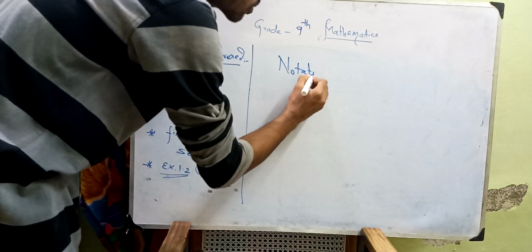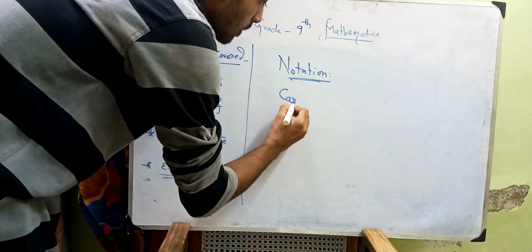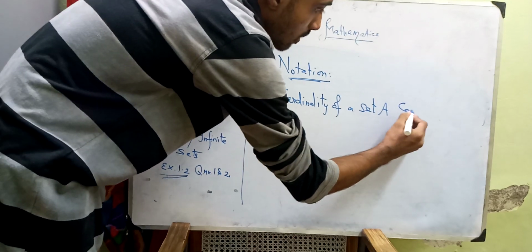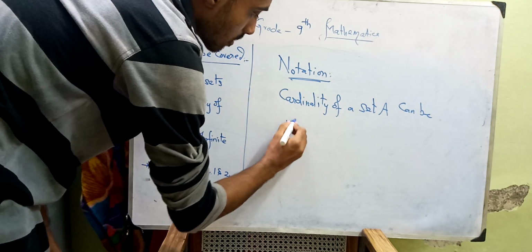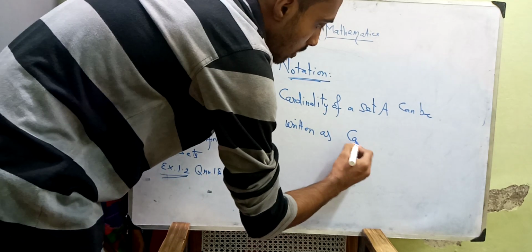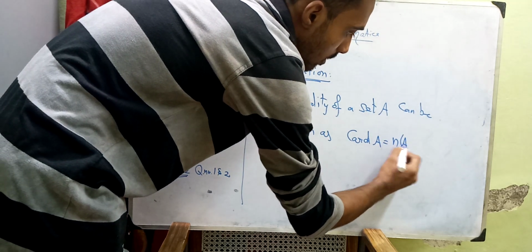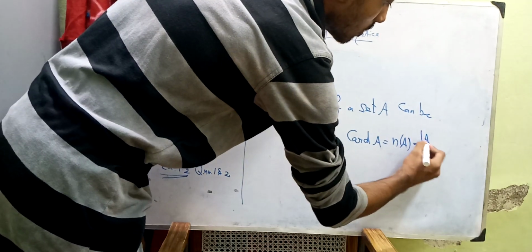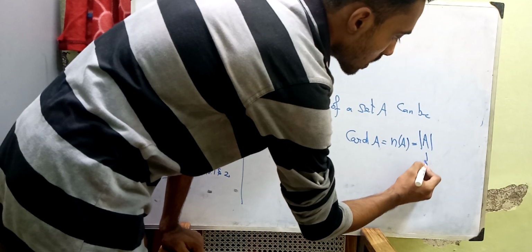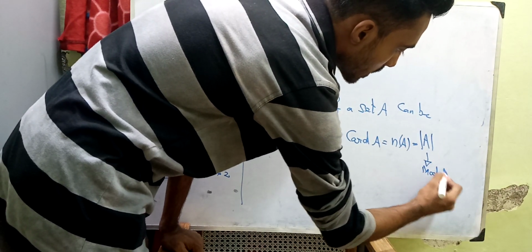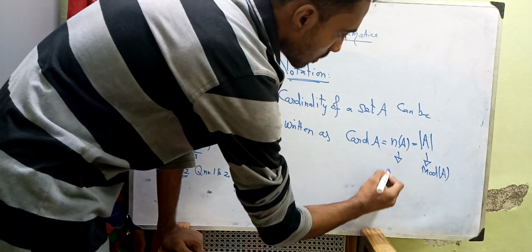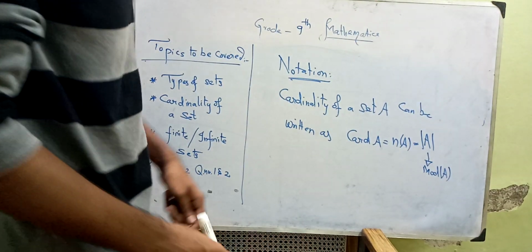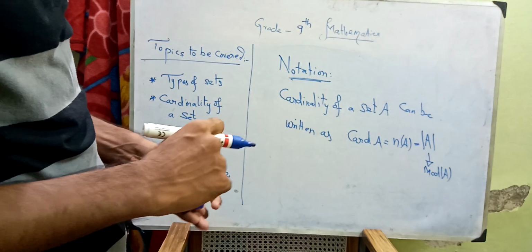Before going to finite sets, let's have a notation. Cardinality of a set A can be written as card A, n of A, pronounced as n of A, and equal to mod A, pronounced as modulus of A or mod A. In mod A there are two vertical lines around A. Got it?